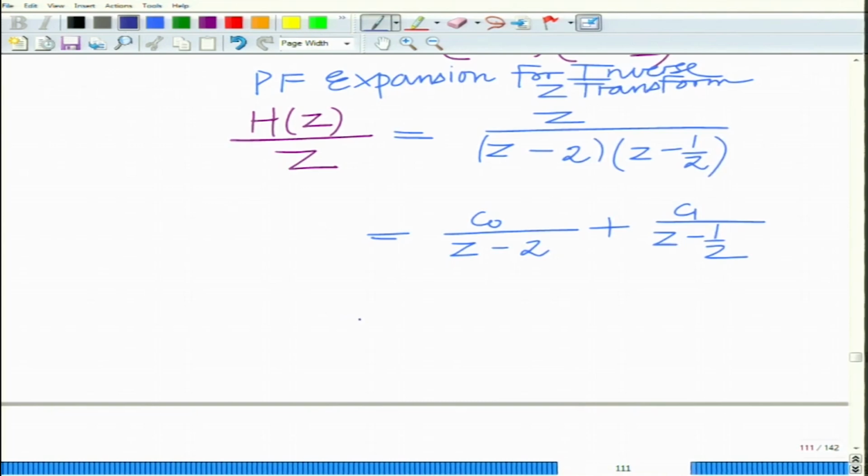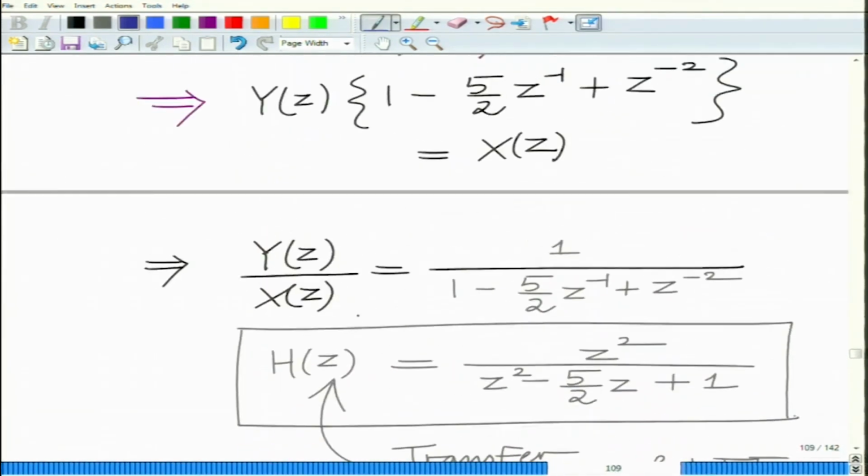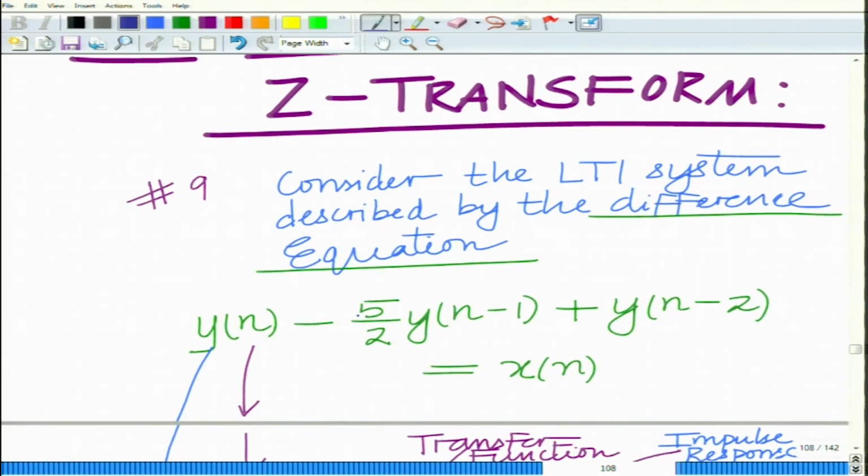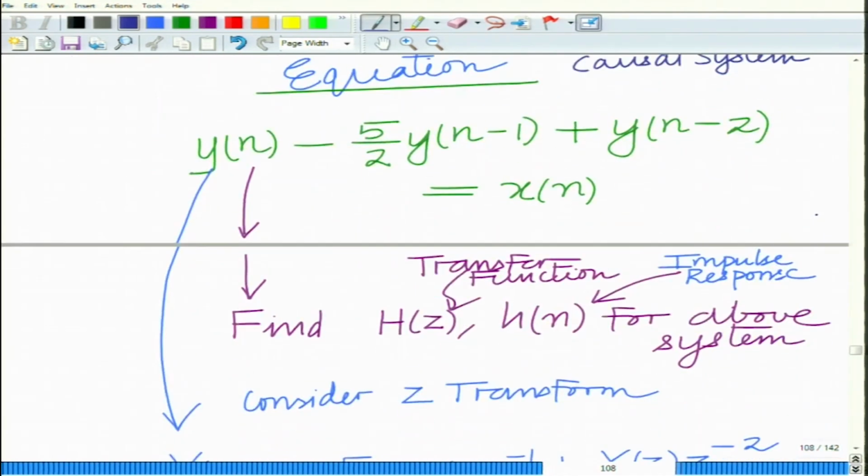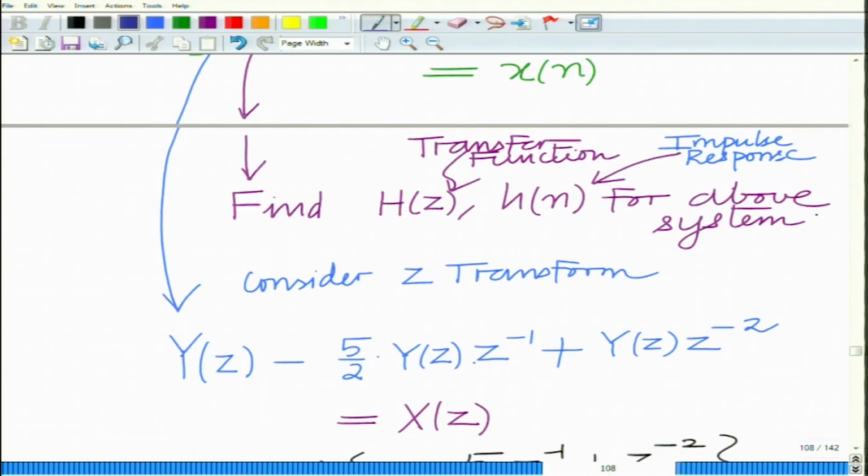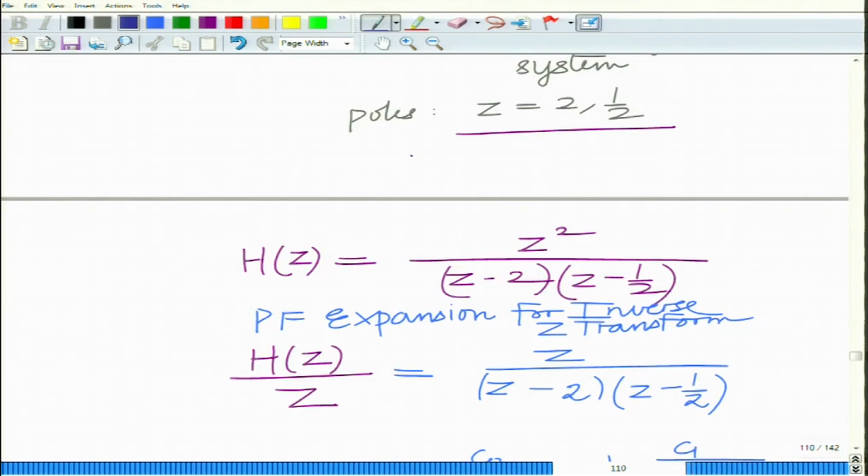Now, let us consider a causal system. Causal system implies that it has to be a right handed signal. Therefore, the ROC is of the form magnitude z greater than 2, since 2 is the maximum magnitude of the poles. So, since we have a causal system, the impulse response is a right handed signal.